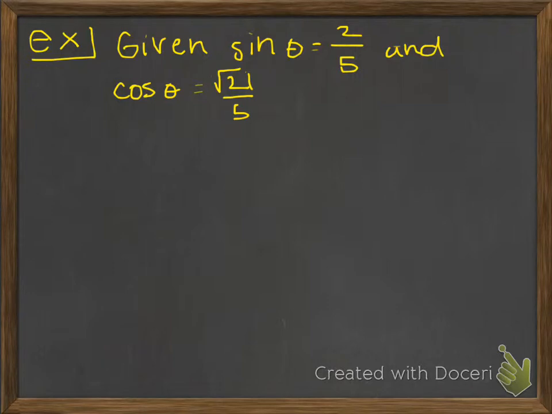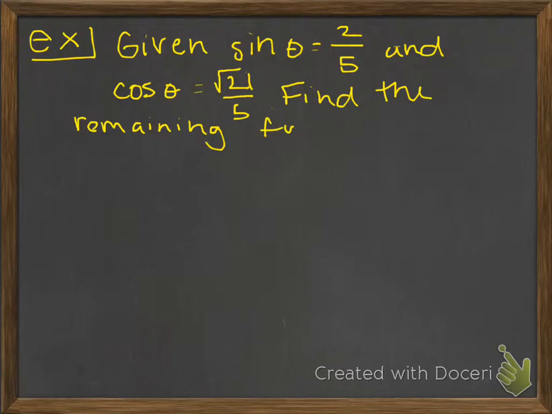Find the remaining functions. So they have given you 2 of the 6 functions, and they want you to find the rest of the 4. So we're going to make our list out.